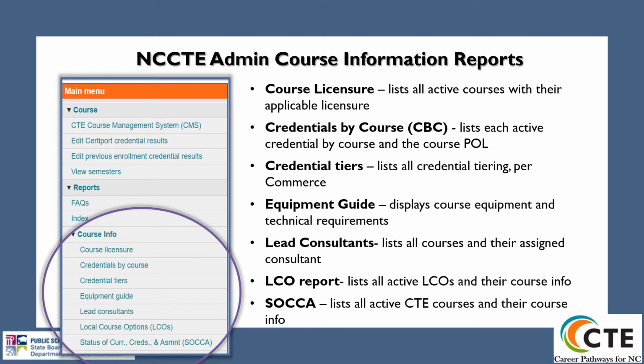The Equipment Guide, which displays course equipment and technical requirements. The lead consultant's report, which lists all courses and their assigned consultant, the LCO report, which lists all active LCOs and their course information, and the SOCCA, which lists all active CTE courses and their information.